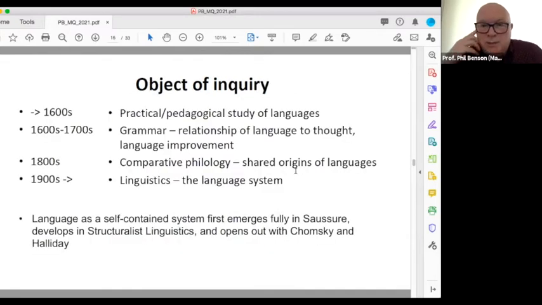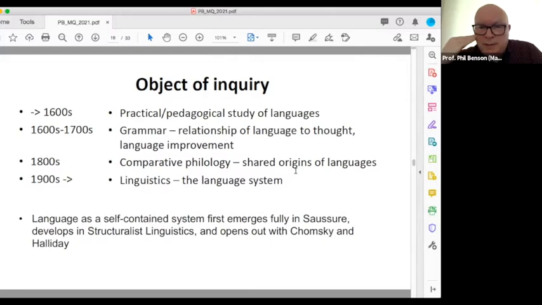In regard to the object of inquiry, I think most of us should know that linguistics is a fairly modern discipline as such, but of course the study of language or theory of language is much older. I believe that the first linguistics departments in universities were formed in the early 20th century, in the early 1900s.